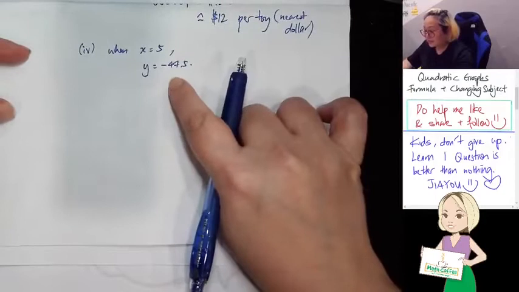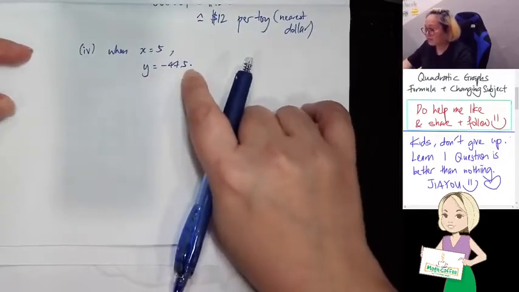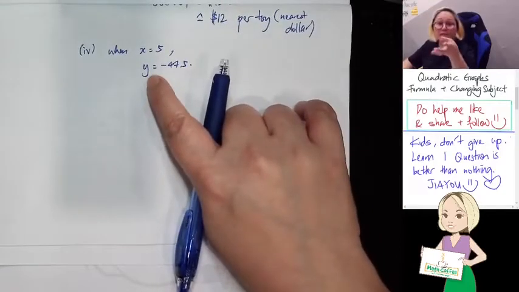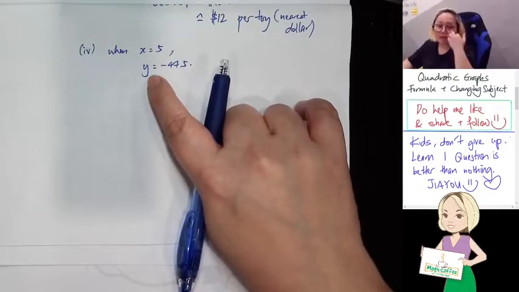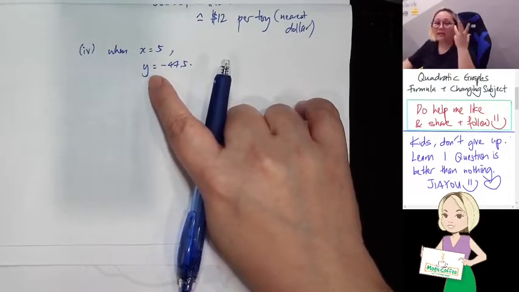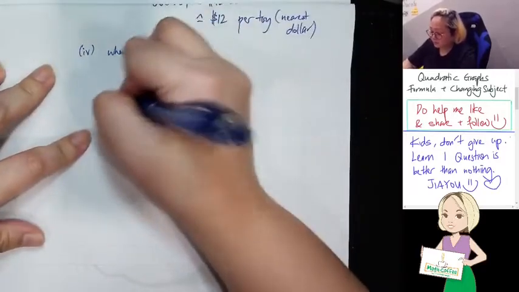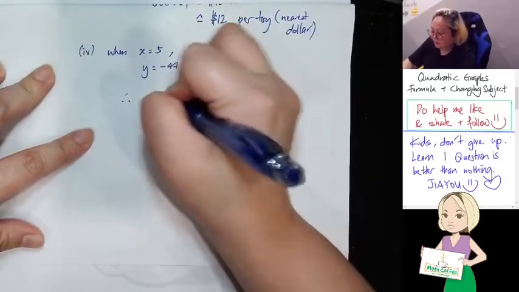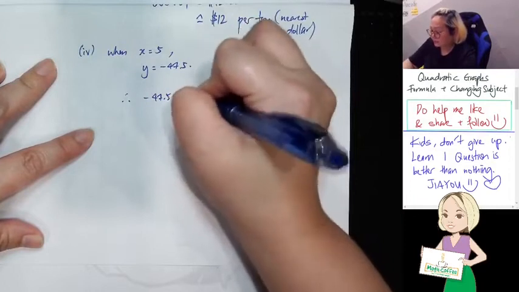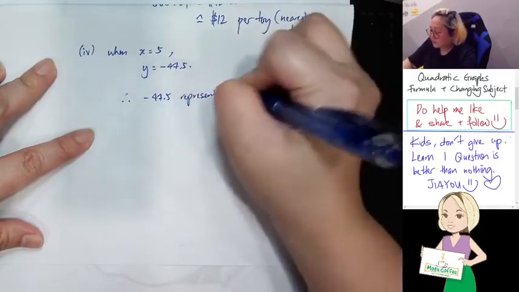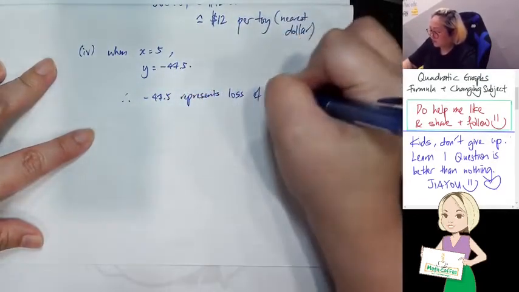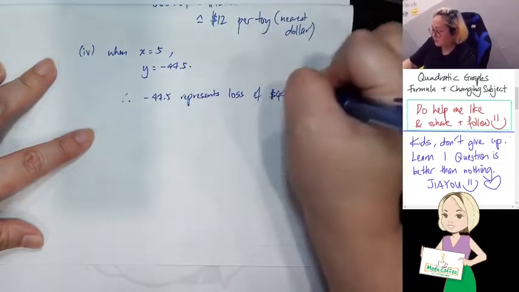Okay, nobody answers. So actually the negative 47.5. Remember our y is profit. If it's negative, it means I'm making a loss. So you will say negative 47.5 represents a loss of $47.50.